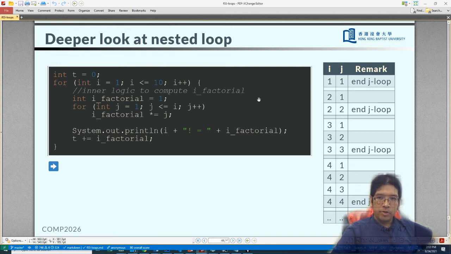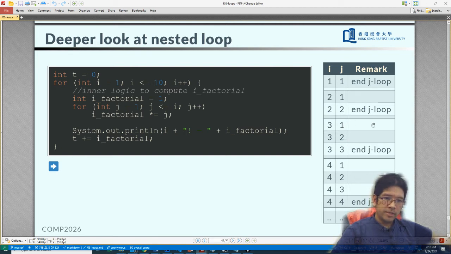When i equals 2, in the next loop, j can equal 1 and 2. So i factorial will equal 1 times 2. When i equals 3 in the next loop, j could equal 1, 2 and 3. So the i factorial we are calculating will be 1 times 2 times 3.